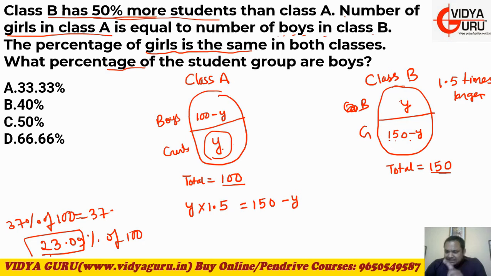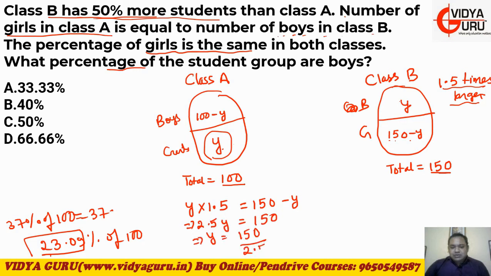To maintain that percentage, if the class has become 1.5 times larger, the number of girls would have also become 1.5 times larger. So Y into 1.5 must be equal to 150 minus Y. If Y comes this side, this becomes 2.5Y is equal to 150. From here, Y is equal to 150 by 2.5.